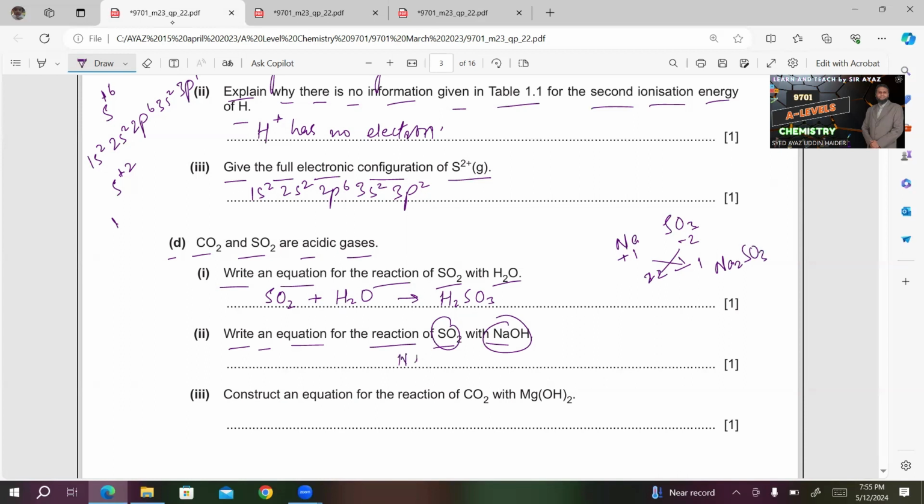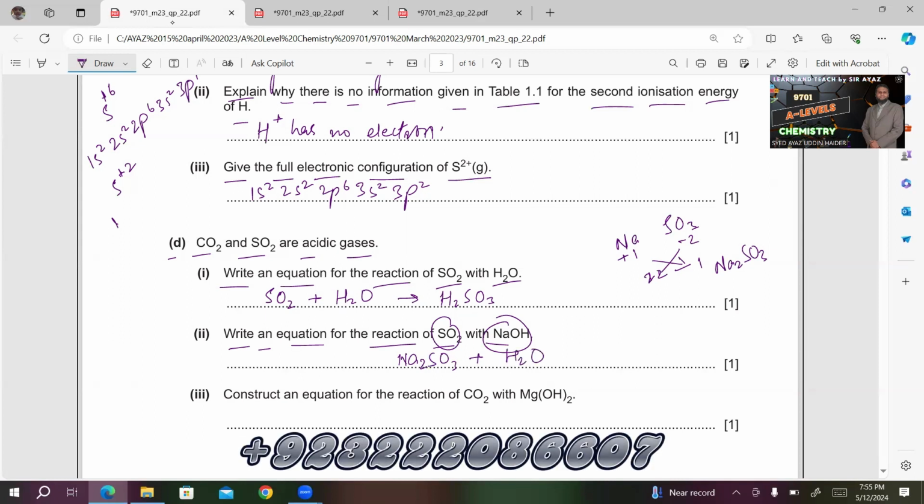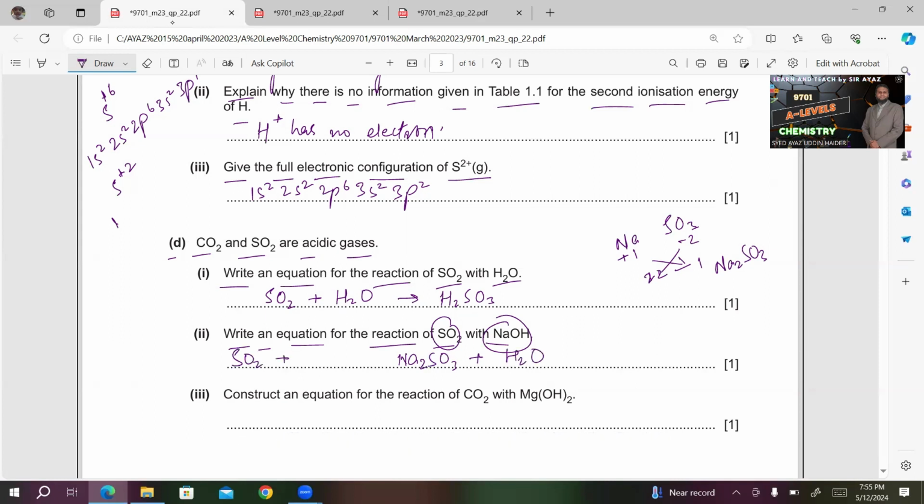Na2SO3 is one of the products, plus water, as I have already mentioned. The full equation is SO2 plus NaOH gives Na2SO3 plus H2O. Let's balance the equation. I will put 2 here. It's balanced.